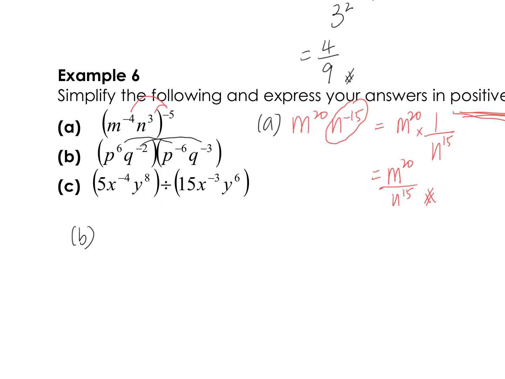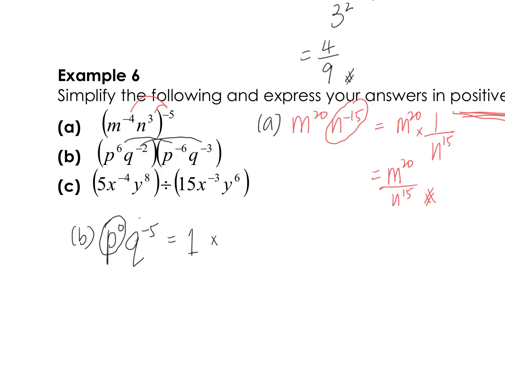It's plus 6 plus minus 6 equals 0. Okay, so P^0, Q^-5. Okay. But can I simplify it? What is P^0? P is 1, so this one is just 1. Anything raised to the power of 0 is 1.